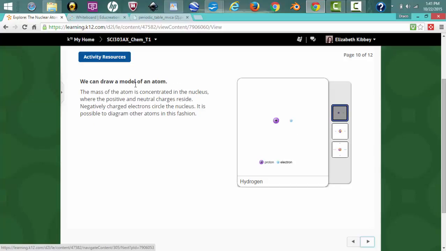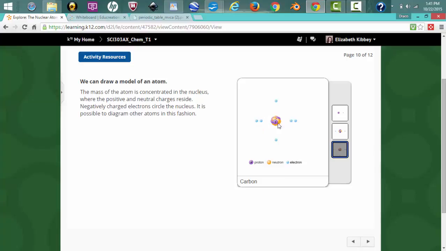We can draw a model of an atom. So, 1 proton, 1 electron, and that's hydrogen. Helium, 2 electrons, 2 protons, 2 neutrons. Carbon, 6 electrons, and I can't count how many, but quite a few.